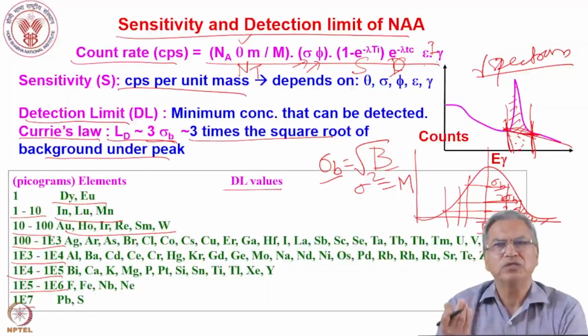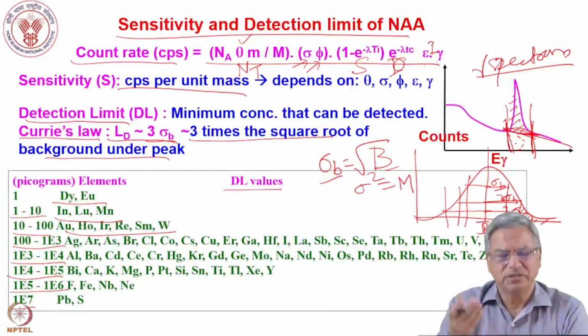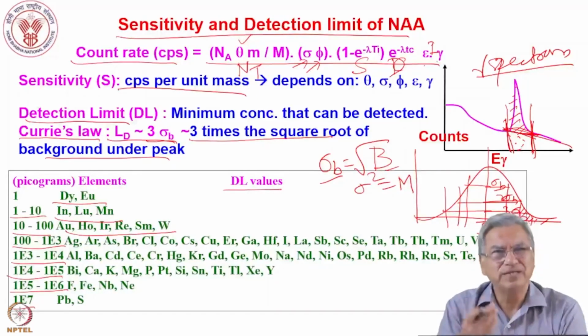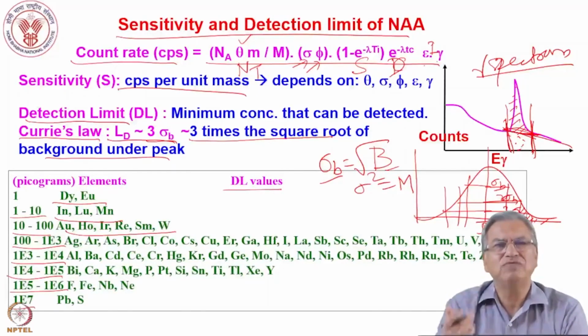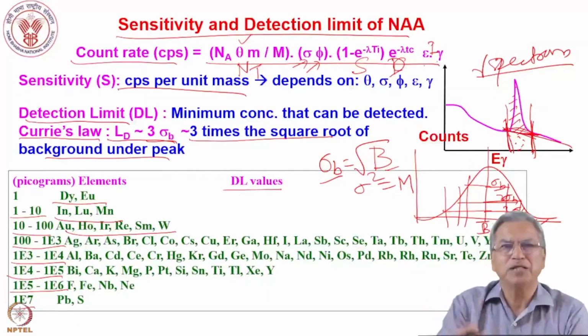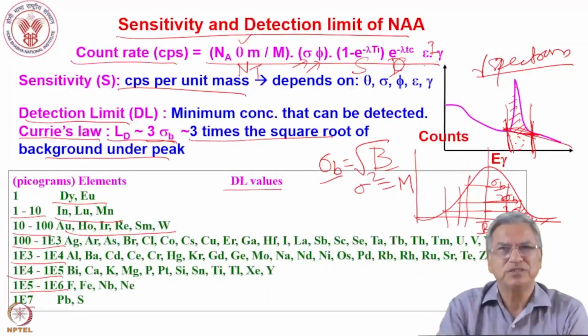So you can choose. It is not necessary that you have to follow the neutron activation technique to determine concentration. These days there are very sensitive techniques like inductively coupled plasma mass spectrometry and inductively coupled plasma atomic emission spectroscopy.